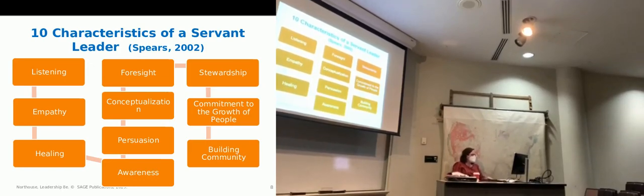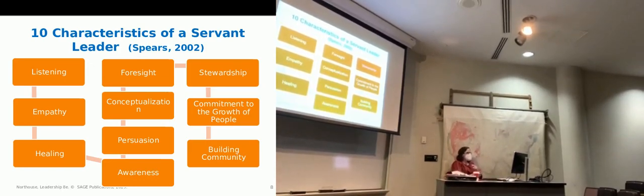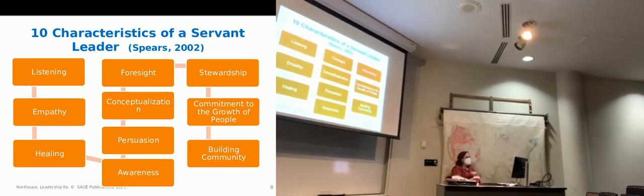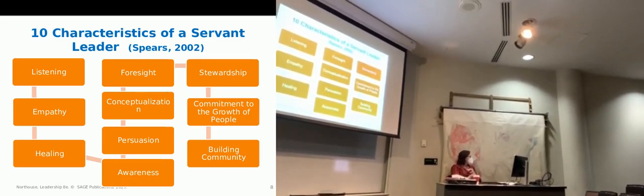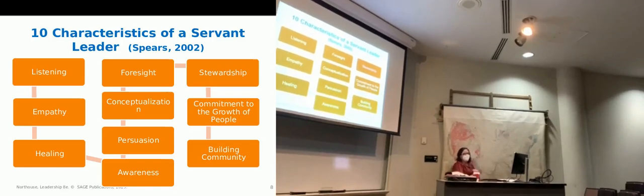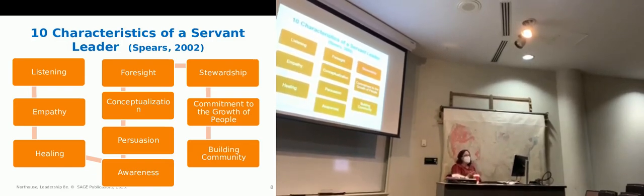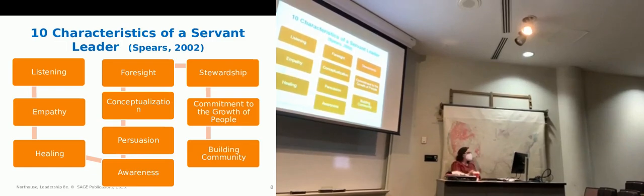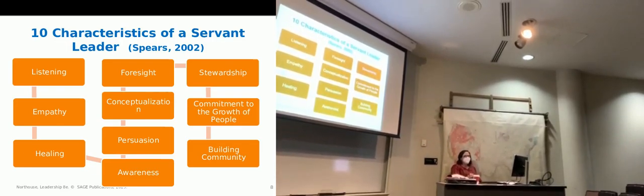Okay? We'll start with the first one. We're going to briefly go through these because you have the explanation of all 10 of these in your notes. And some of them are pretty straightforward. Servant leadership's happening if listening is going on. Leaders and followers, organizations are listening to each other. They're acknowledging their viewpoints and validating those perspectives.